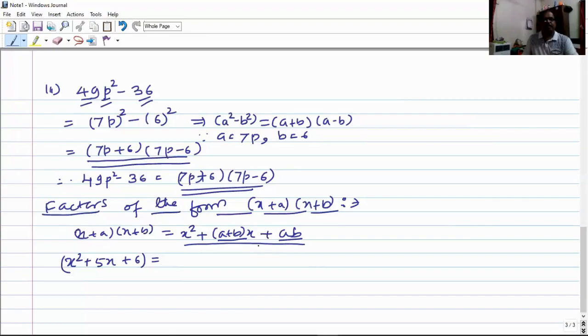Yes, obviously we can have the values of a into b and a plus b. In this expression, the constant term can be taken as a into b. Here I can say a into b is 6 and a plus b is equal to 5.